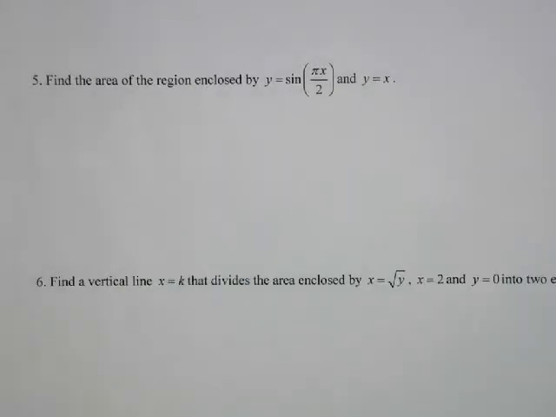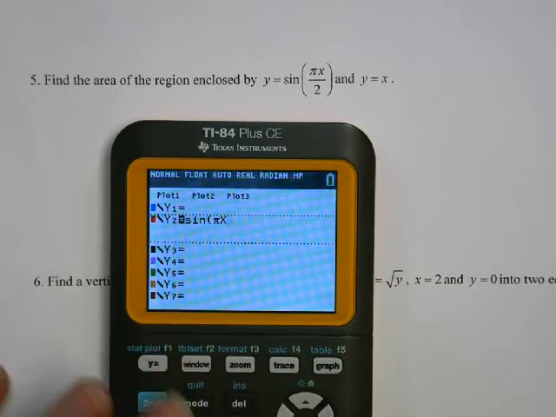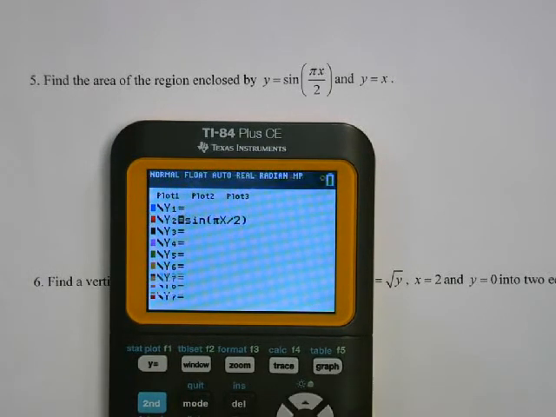Okay, we're going to find the area enclosed by sine pi x over 2 and y equals x. So let's use the calculator to help draw the graph. And you could graph it by hand as well.